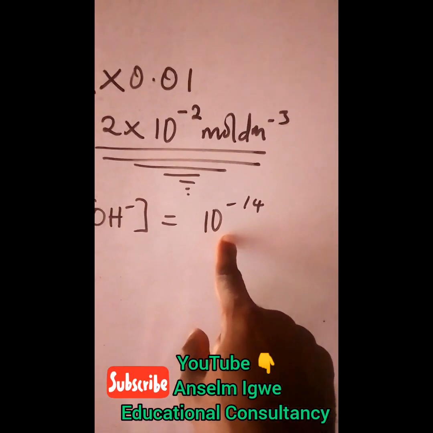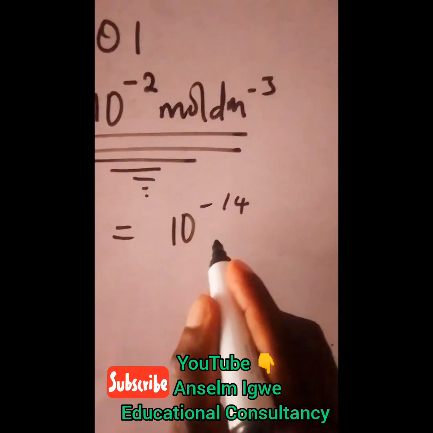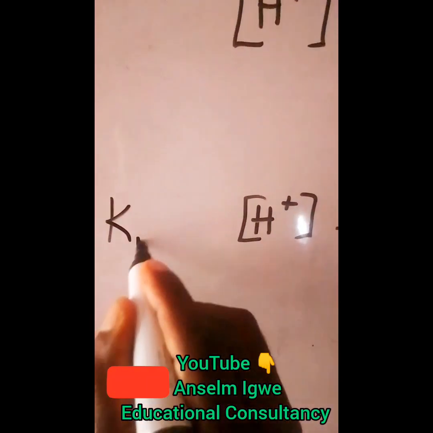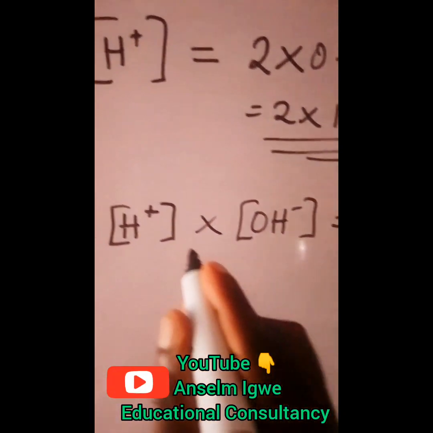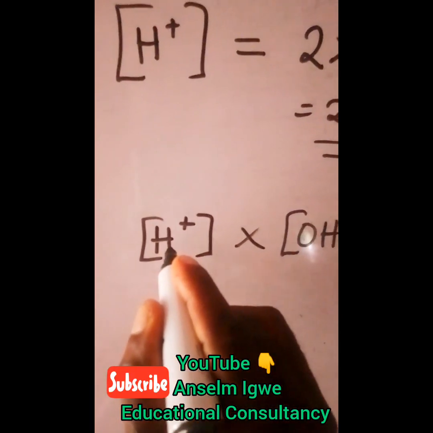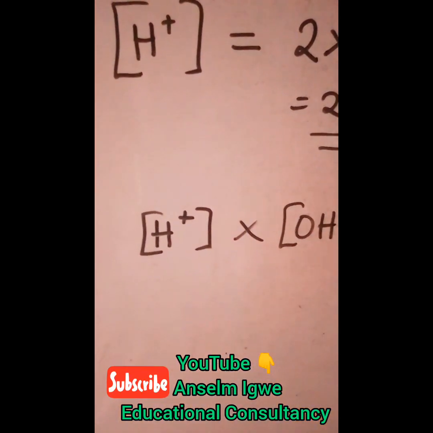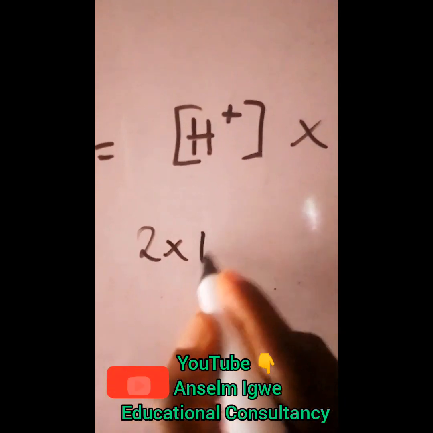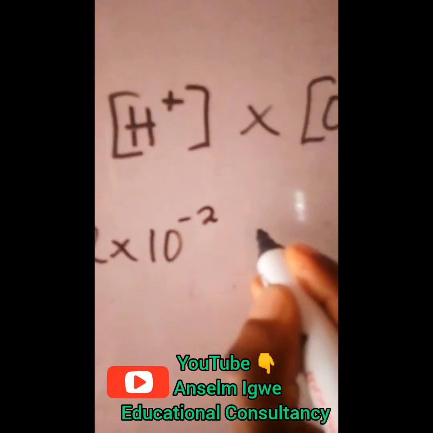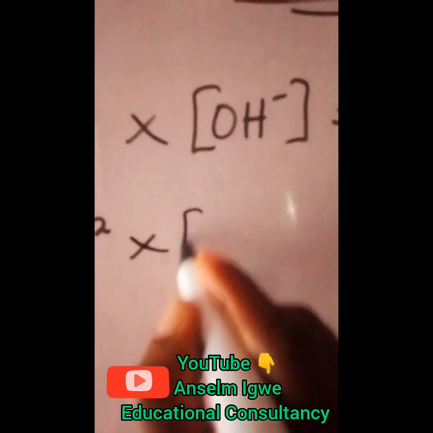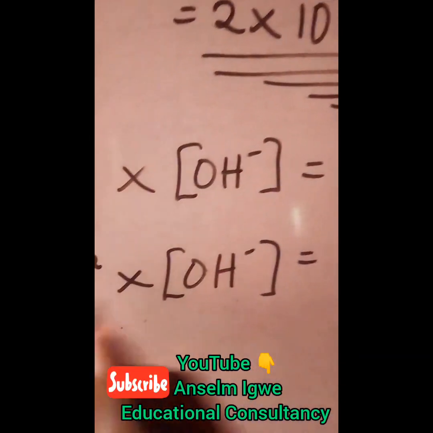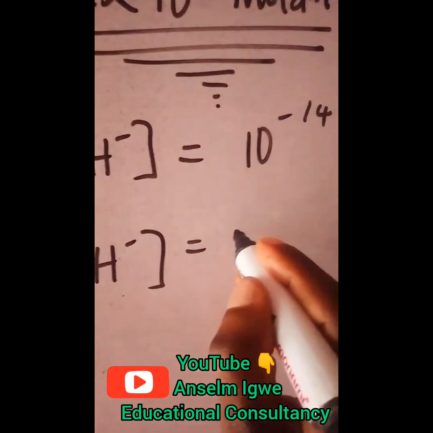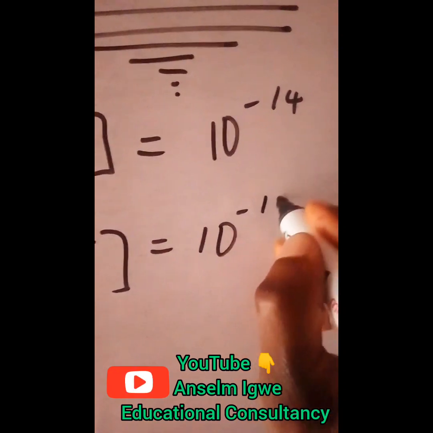This particular constant is called ionic product of water, that is Kw, ionic product of water. So we have found concentration of hydrogen ion, which is 2 times 10 raised to power minus 2. But we have not found concentration of hydroxide ion. The product of the two gives 10 raised to power minus 14.